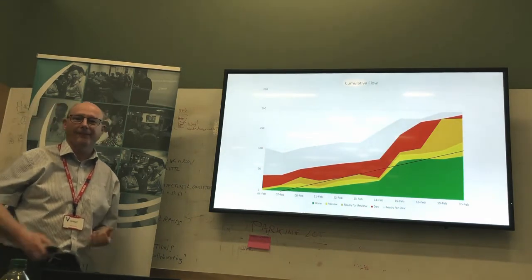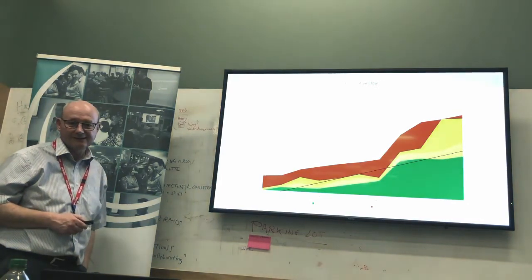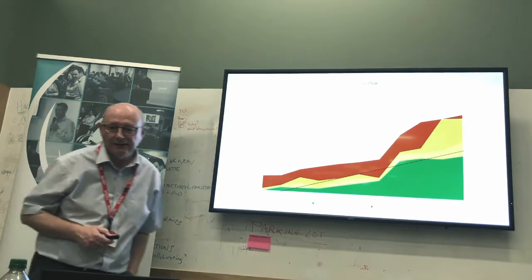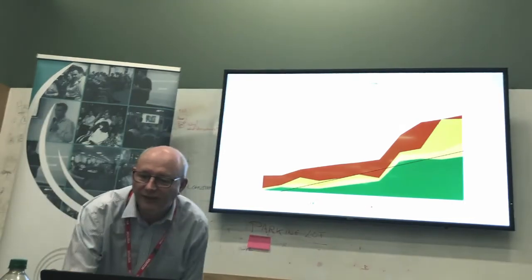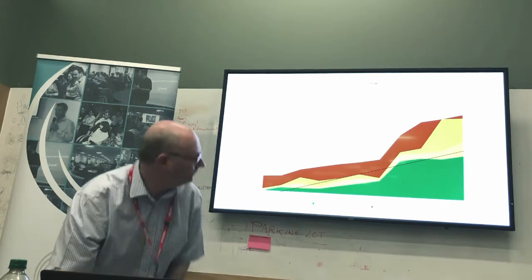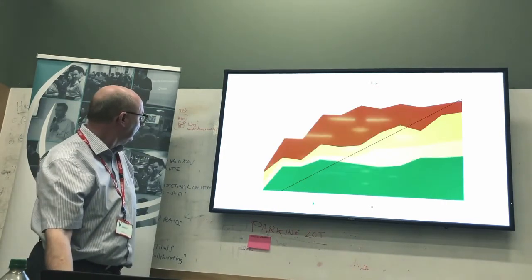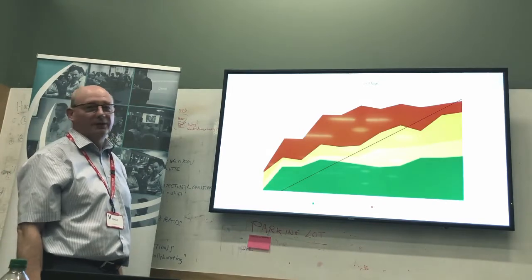Then the next sprint after this would have been an interesting looking cumulative flow as well, because you'd have started with all of that in flight. I think this is the next one. And it just gets worse and worse.